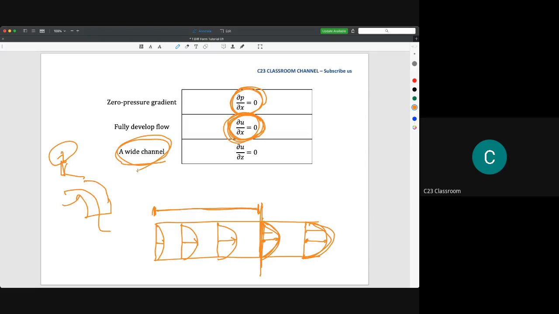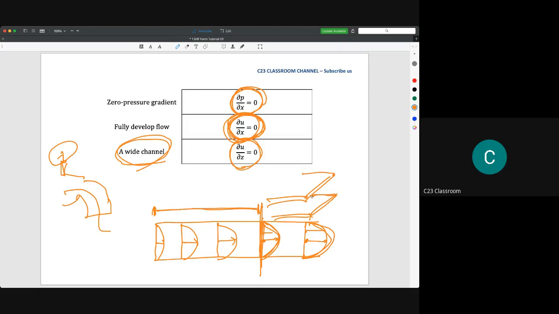Jadi oleh itu kita beranggapan bahawa du dz adalah sama dengan kosong. So maksud du dz sama dengan kosong ni ialah sekiranya kita ada dua plate di sini dan lebar dia adalah agak kecil.